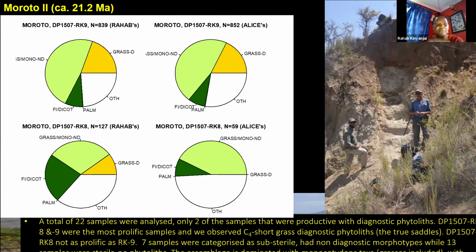And on the second part, in Moroto we had another set where, at least from my end, I could see more grass diagnostics, but from Alice's side we couldn't. But these were true samples, so we don't have any conflict to tell whether this could be or could not be. These were clear morphotypes that we found.